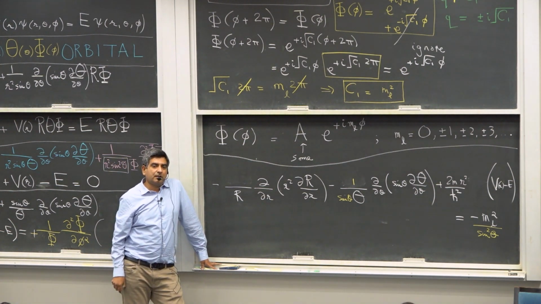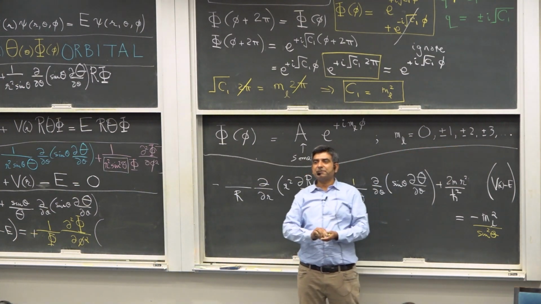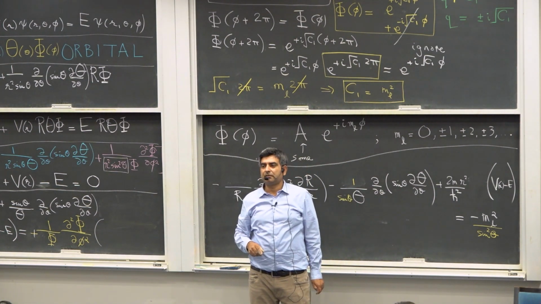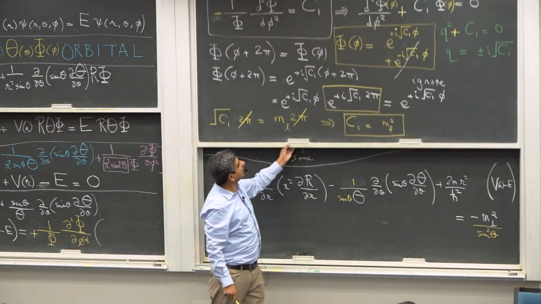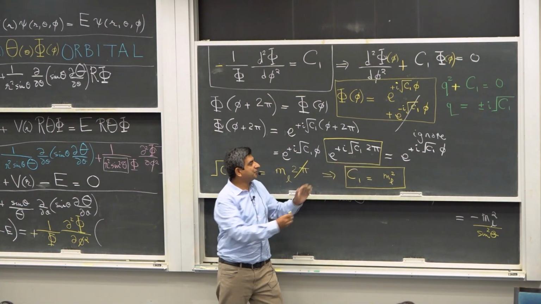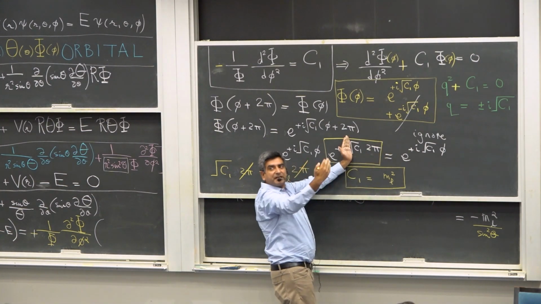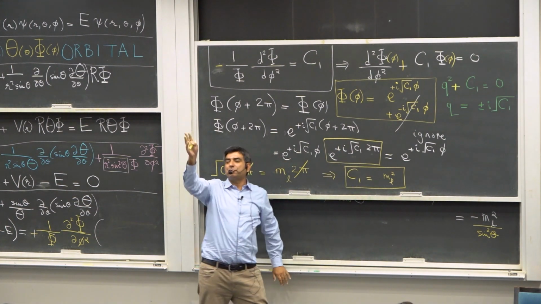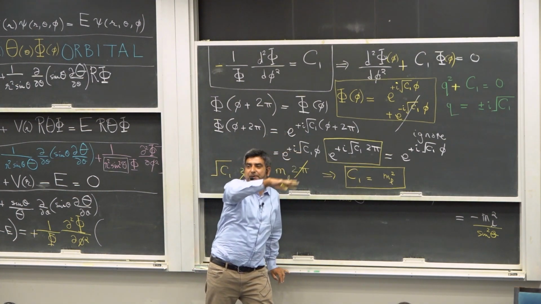ml is an integer. This comes out from the azimuthal part of the wave function. This term must be 1, which means that this thing must be some multiple of 2 pi, because e to the i 2 pi is 1, e to the i 4 pi is 1, e to the i 6 pi is 1.